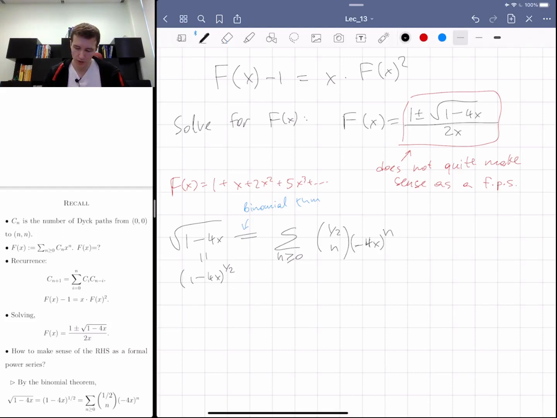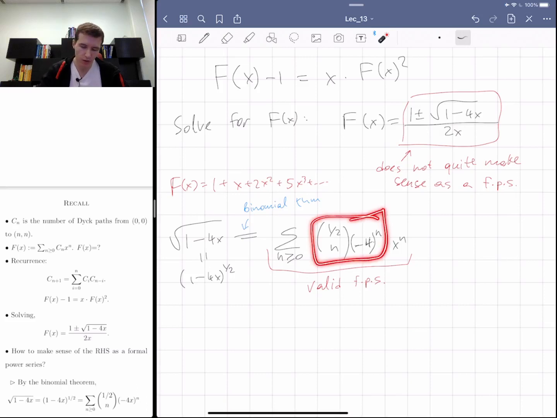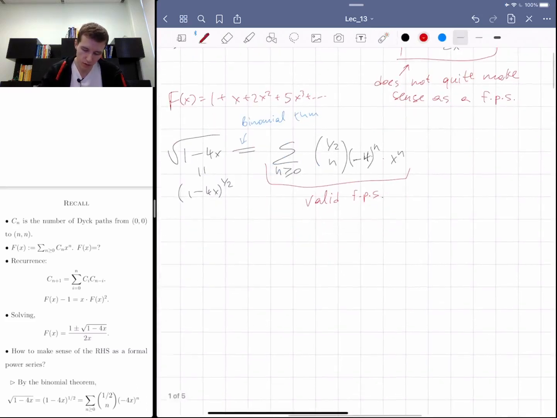If I separate the negative 4 and the x into negative 4 to the n times x to the n, then this is a valid formal power series. For each x to the n, I have a coefficient, 1/2 choose n.